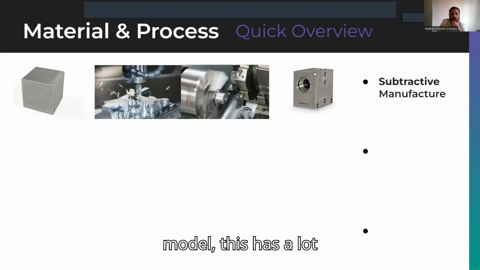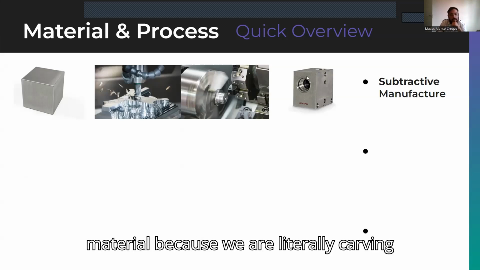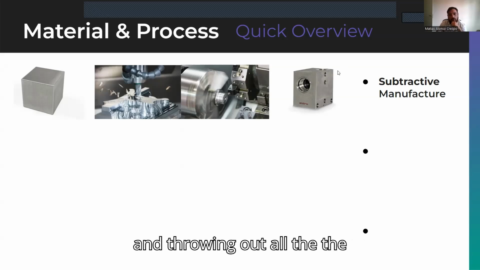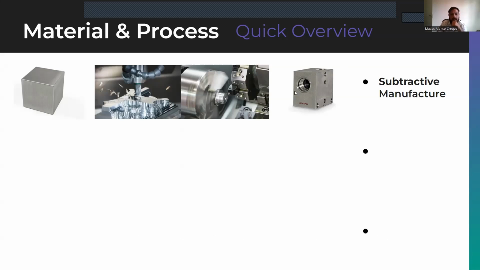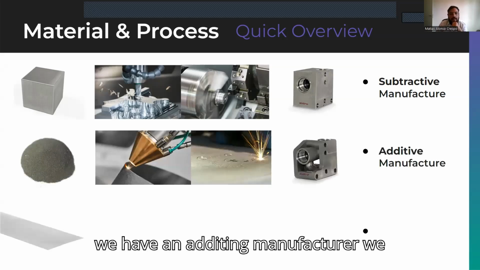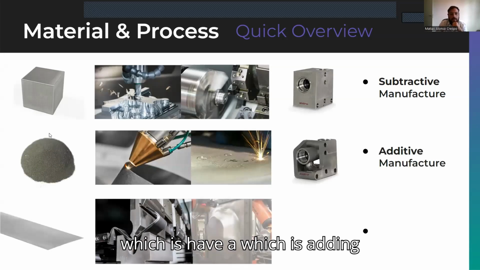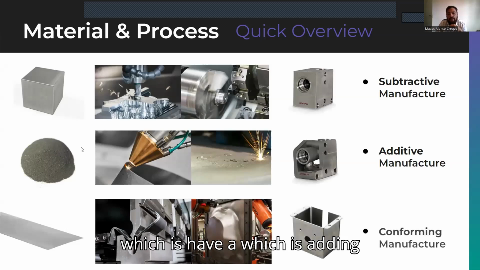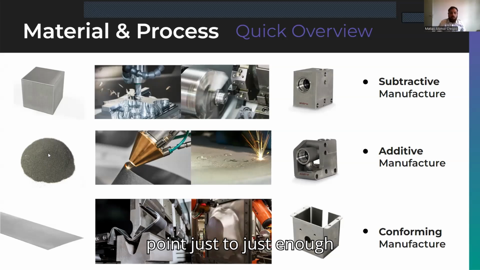This has a lot of waste material because we are literally carving and throwing out all the undesirable material. Then we have additive manufacture, which is adding material layer by layer, point by point, just enough to get the final piece.